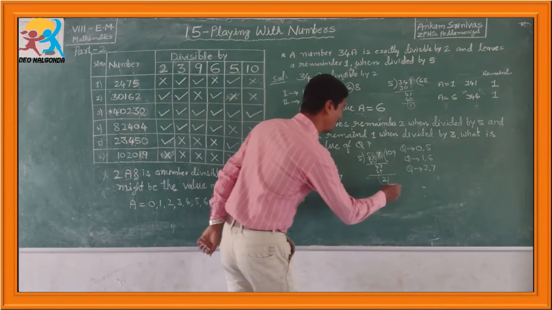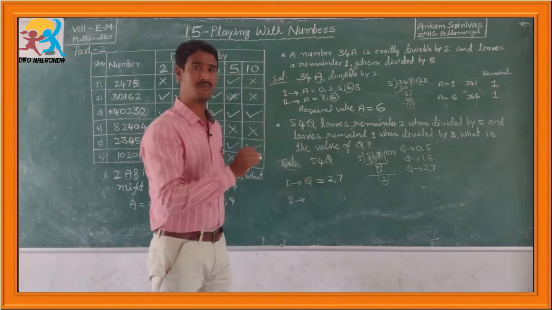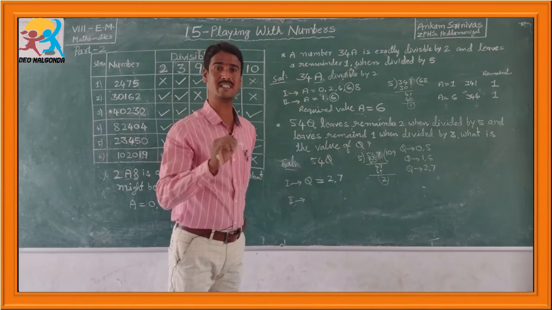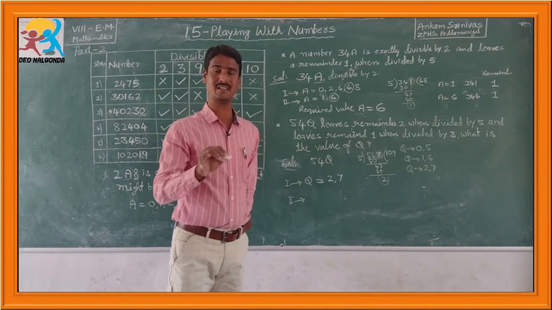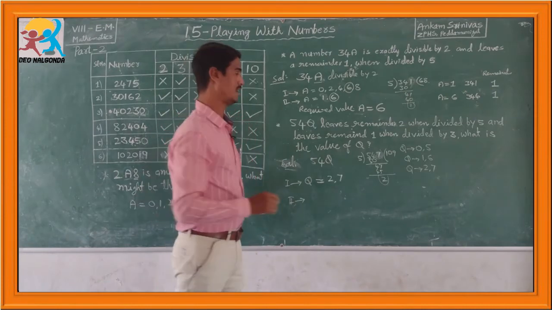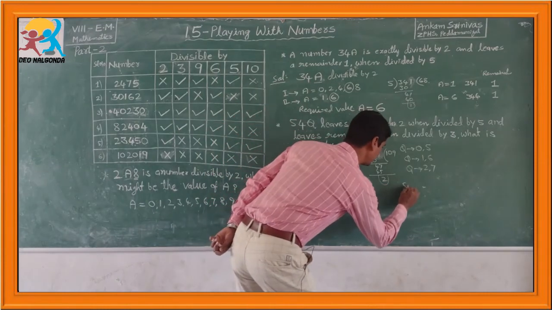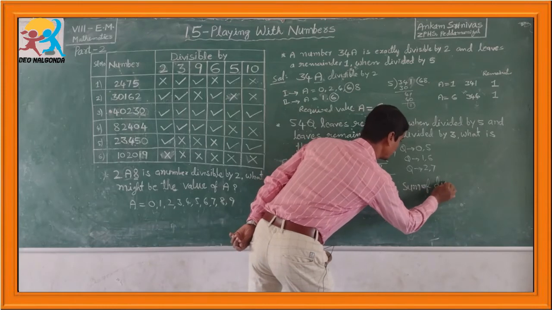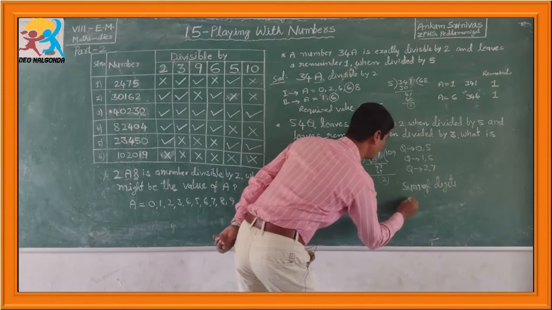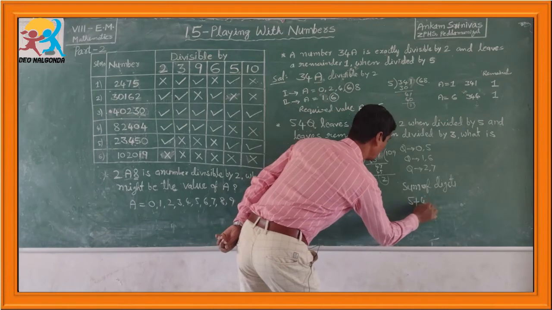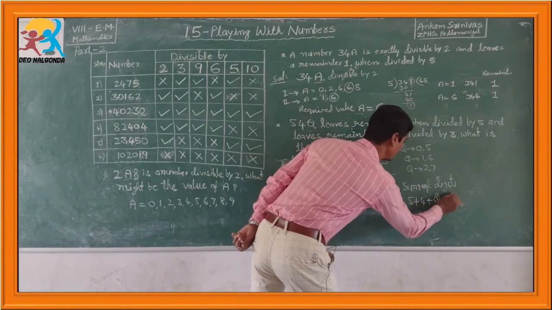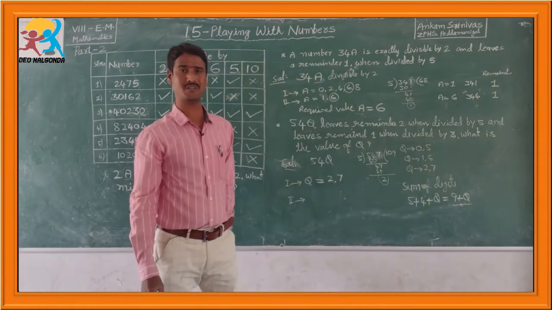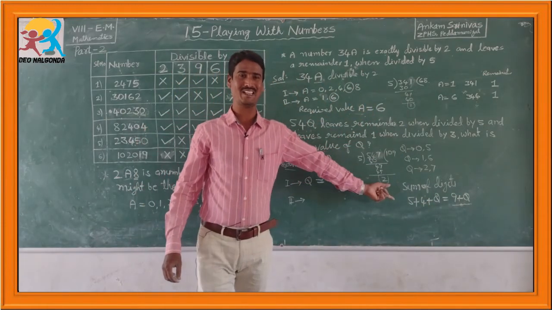What is the divisibility rule for 3? If the sum of digits is divisible by 3, then the given number is also divisible by 3. Let's do the sum of digits: here 5 plus 4 plus Q, that means 9 plus Q. Dear children, in 9 plus Q, 9 is divisible by 3.